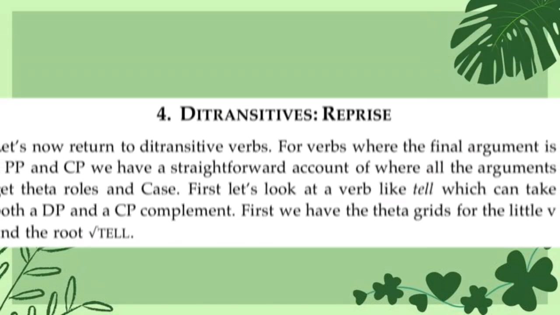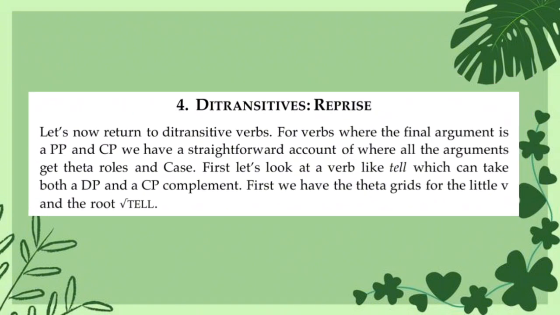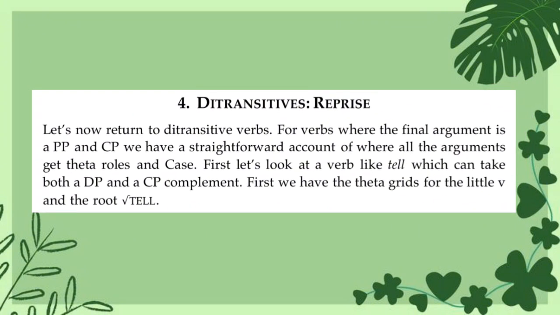Now let's move on to part 4, the transitives reprise. Let's now return to the transitive verbs. For verbs where the final argument is a PP or CP, we have a straightforward account of where all the arguments get theta role and case. First, let's look at a verb like tell, which can take both a DP and a CP complement.